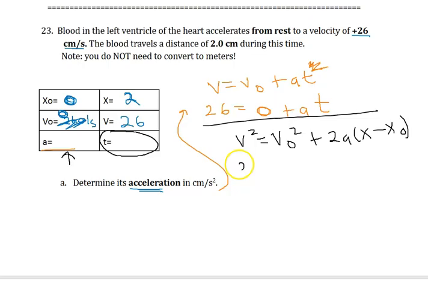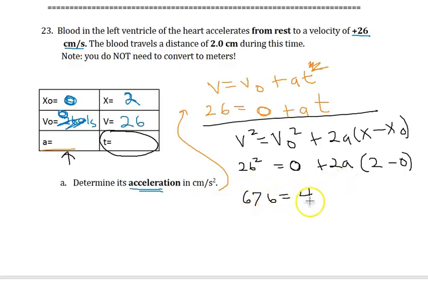Okay, so v squared is 26 squared. It started at rest. We really care about a, and x final minus x initial is 2. So you get 676 equals 4a, and then divide both sides by 4.